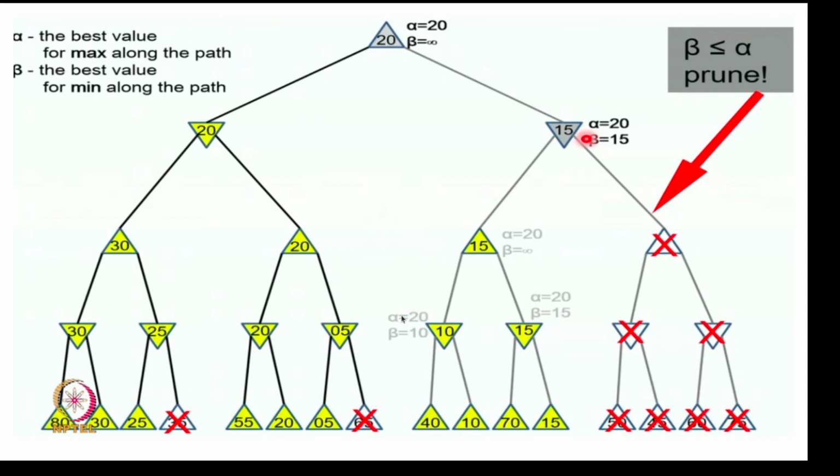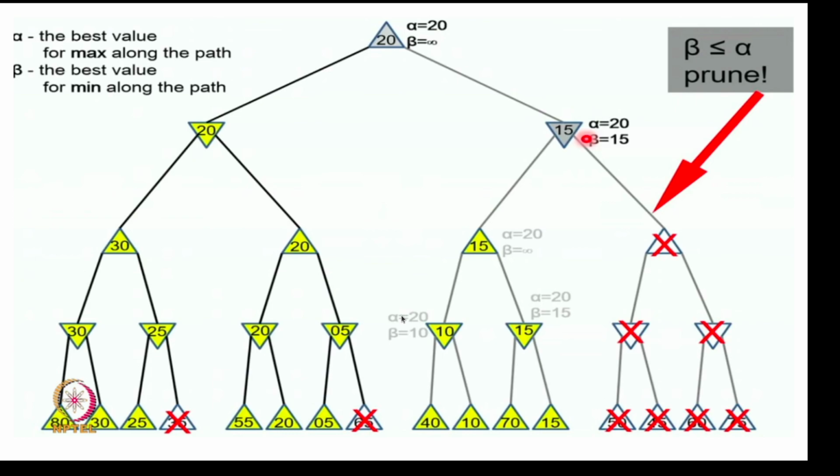Intuitively, how will you understand it? Why did we do the pruning here? Because if you see the yellow subtree, 15, 10, 15, 40, 10, 70 and 15, what will happen? The upper node is the minimum one. So what will go up?